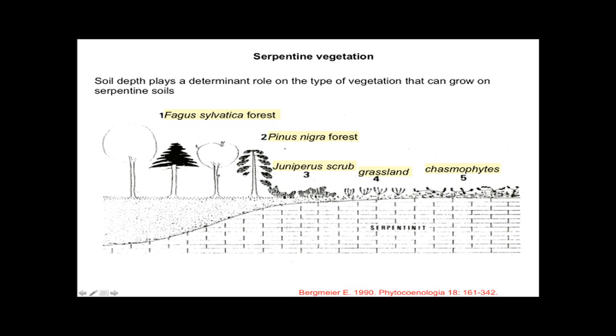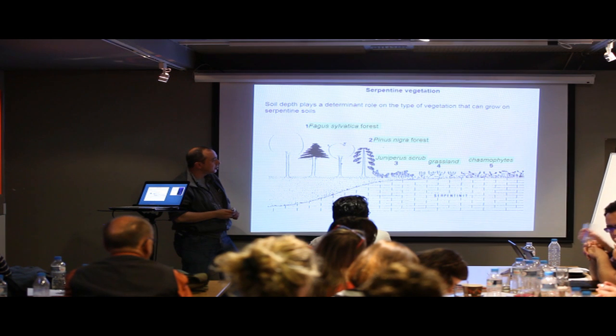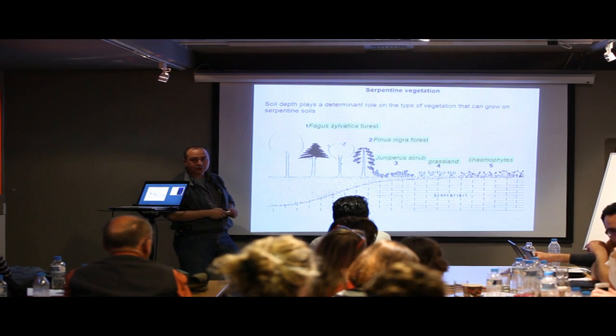When the soil becomes more shallow, this forest of Fagus sylvatica is replaced by Pinus nigra forest together with Quercus pubescens. In more shallow soils, we have Juniperus scrub, grasslands, and finally, in the most shallow soils, we can find chasmophytic vegetation.